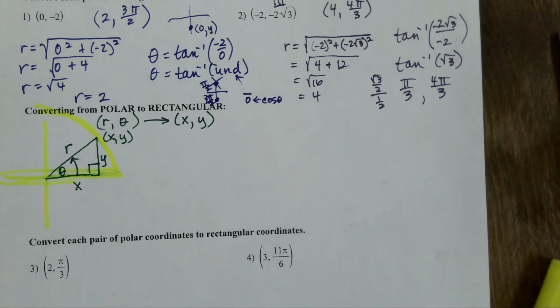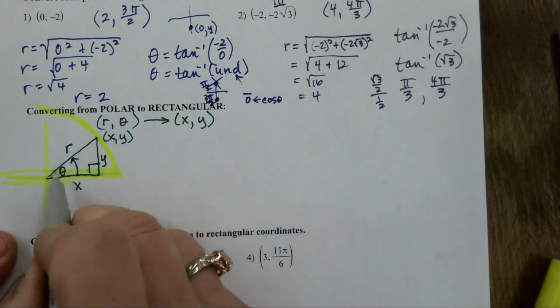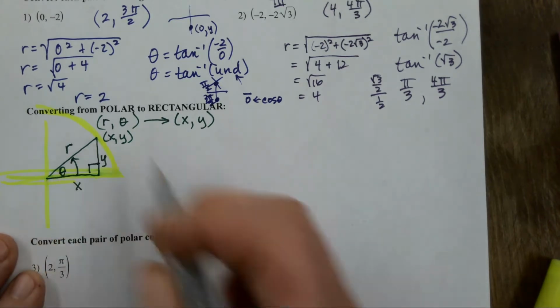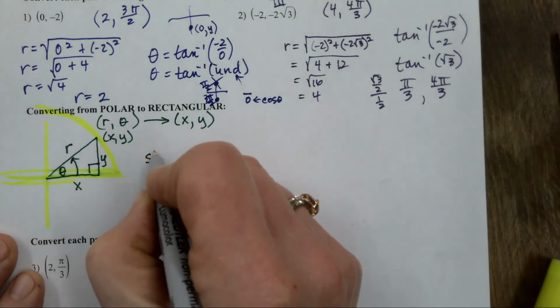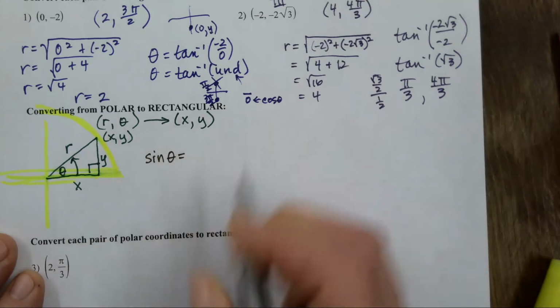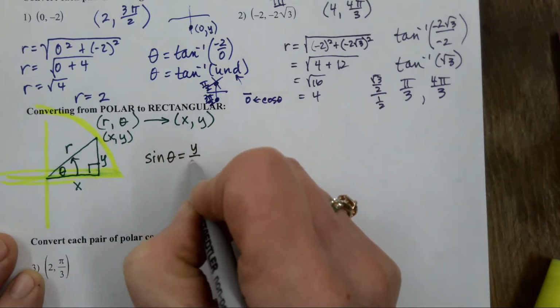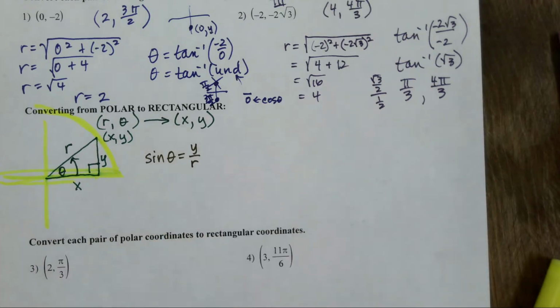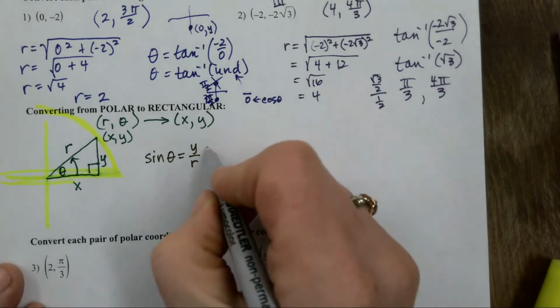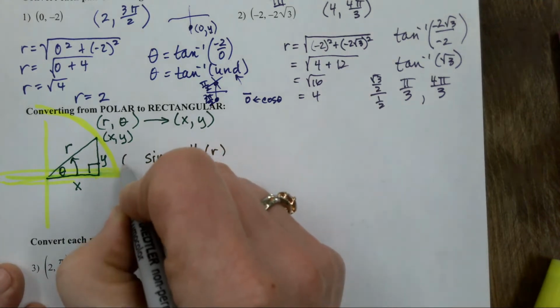Well, I'll do a little SOHCAHTOA. It turns out that the sine of theta is equivalent to the opposite over the hypotenuse. If I solve for y, that means I will multiply the r out.